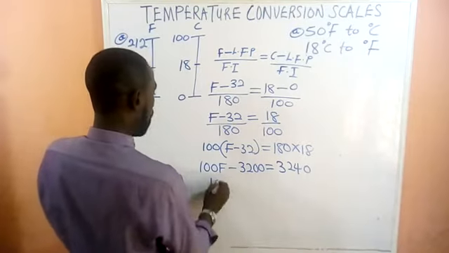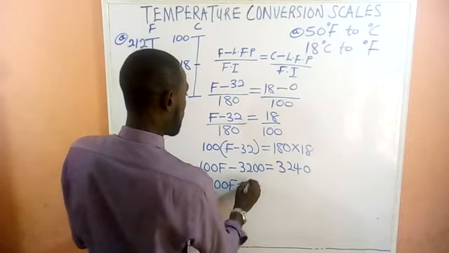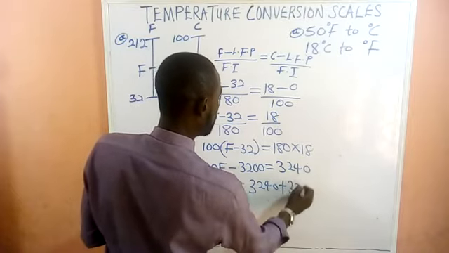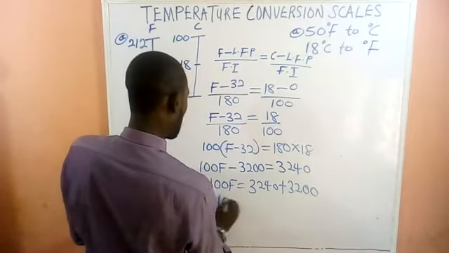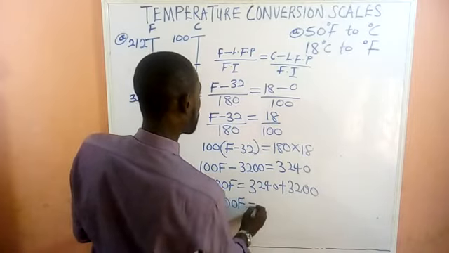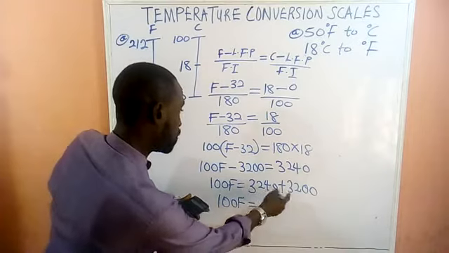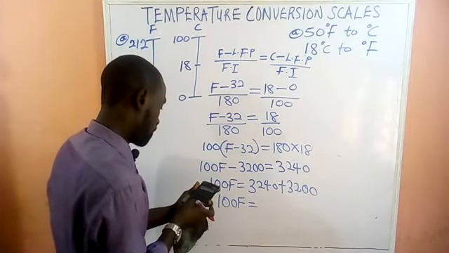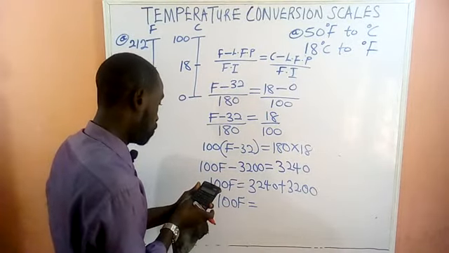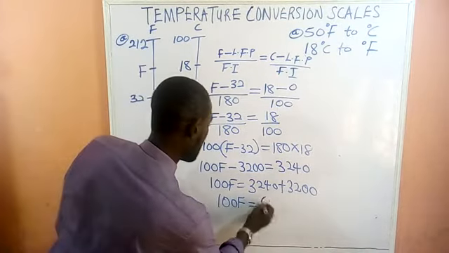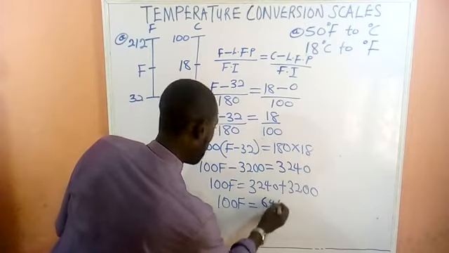So we're having 100F equals 3240 plus 3200. So our 100F will be equal to 6440.